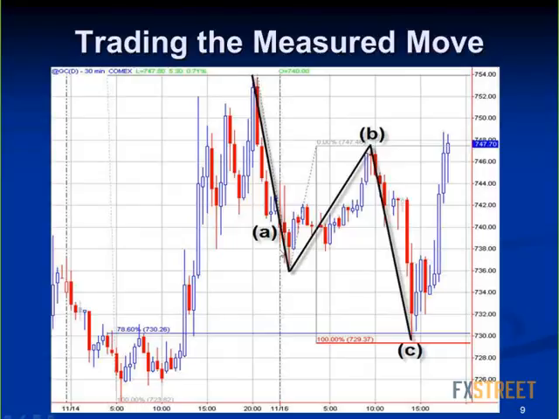It's got the characteristics of a Bat 2.2, and also the butterfly pattern. But the key thing is that we've got a full harmonic pattern, where price has followed the rules absolutely perfectly, in that the move down to C came out of a very clear ABC move. So this is a perfect pattern.